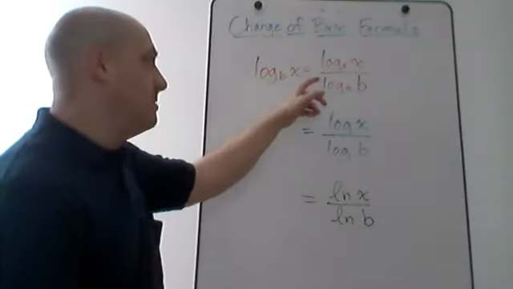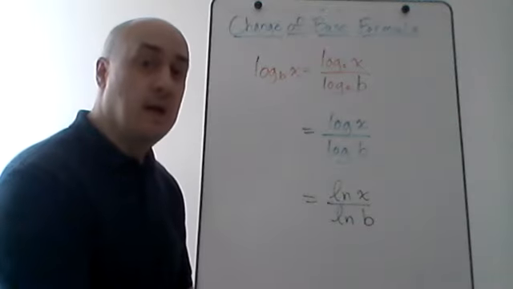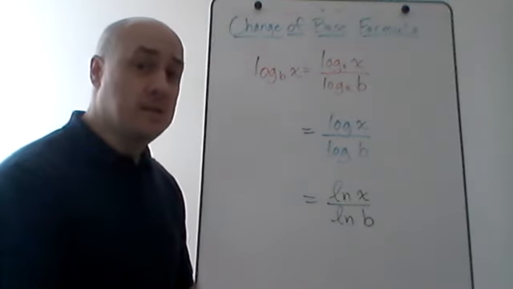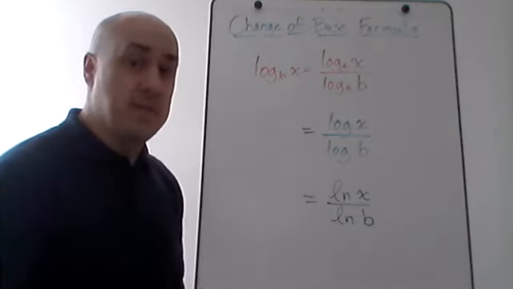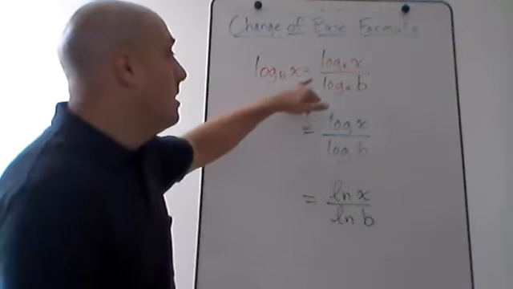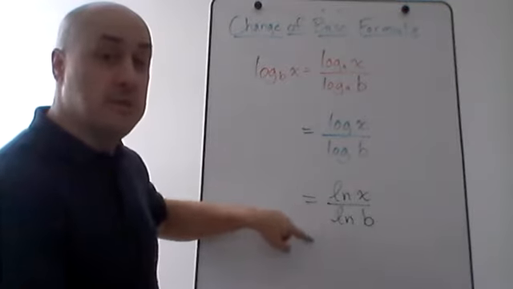So I can change a base 2 into a base 5. I can change a base 3 into a base 17. Now, usually I don't change things to base 5 or base 17 because my calculator still doesn't do base 5 or base 17. So normally what we do is we take that log base b of x and change it into one of these two down here.